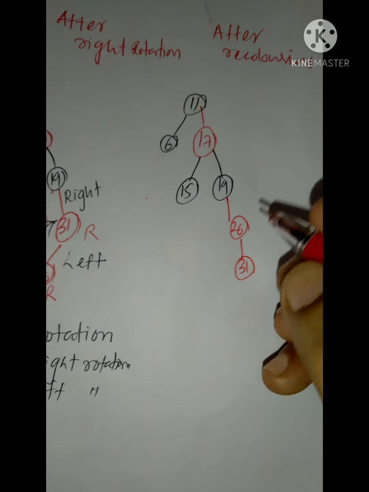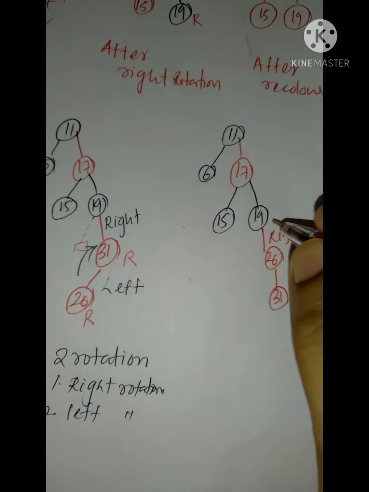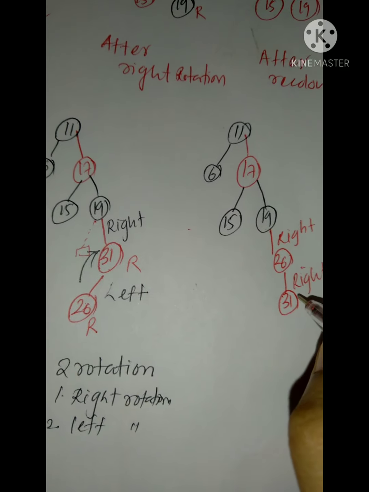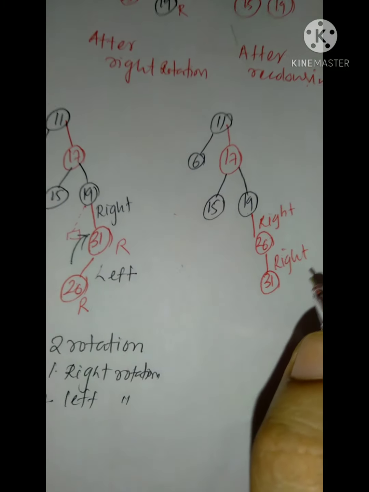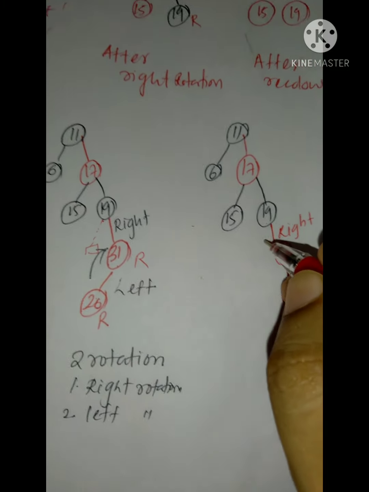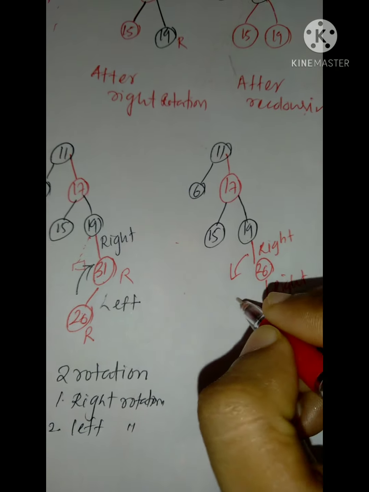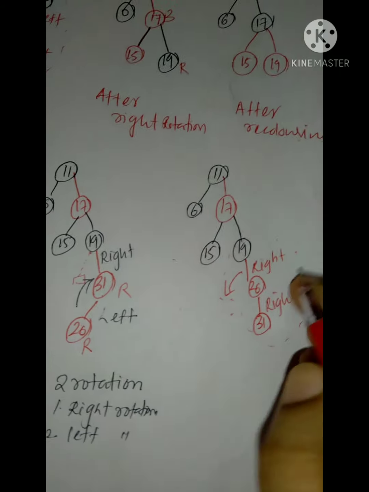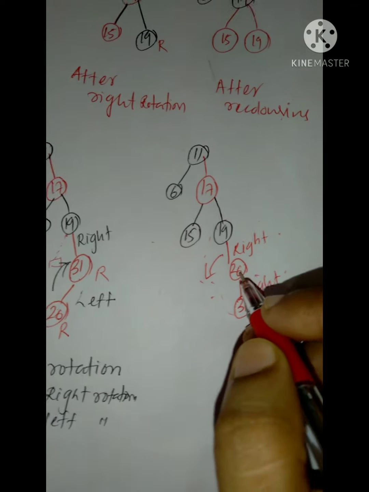Then we want to check. This is right: 26 is right of 19 and 31 is also right of 26. So we want to perform the second rotation, that is left rotation, that will come like this. When we perform left rotation, we want to change this part completely. 26 will be the root and this will be a child of 26.